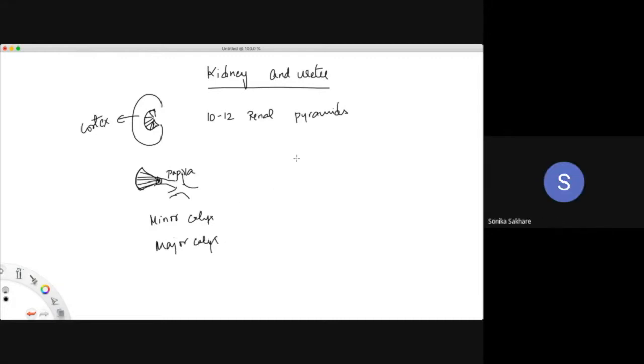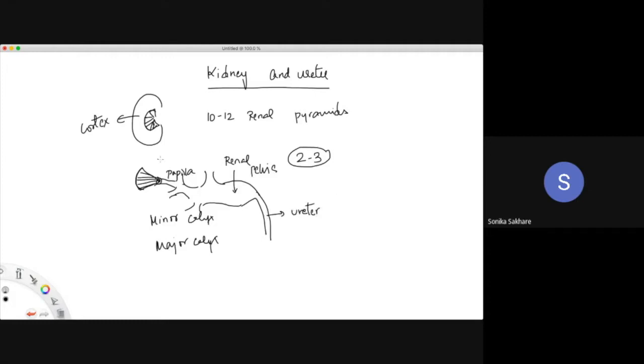Each kidney has two to three major calyces. In the end, the major calyces will all join to form the renal pelvis and then continue as the ureter. Is that clear? This is the renal pelvis, and this is the ureter.